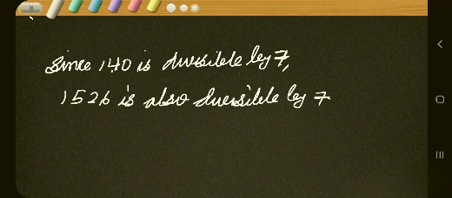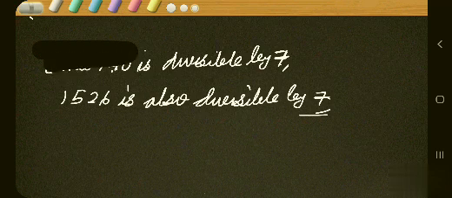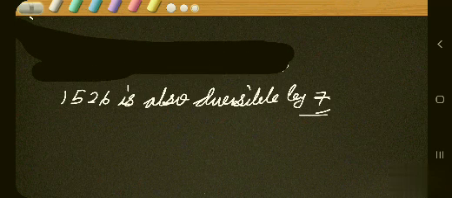Okay, these are the steps involved in finding out whether the given number is divisible by 7 or not. Okay, let's try to do the question number C.